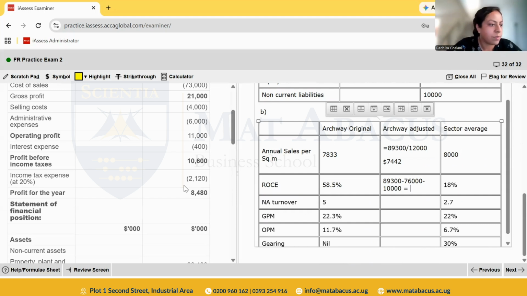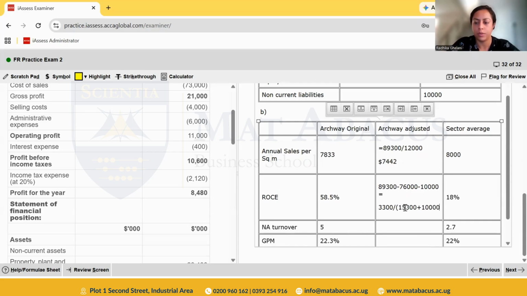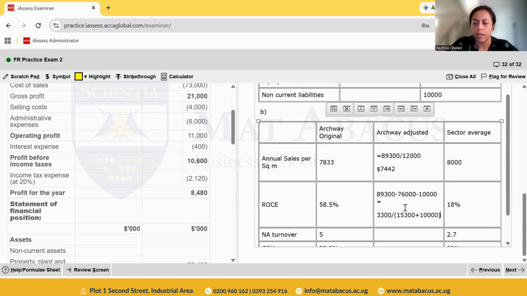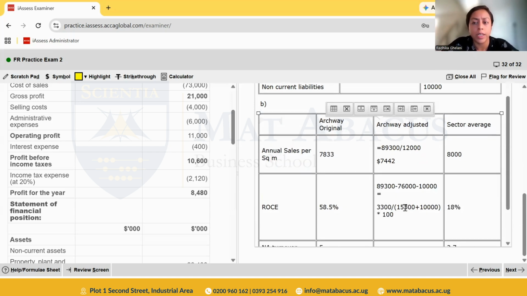That gives us 3,300, divided by 15,300, which is our equity, plus 10 million, which is the non-current liabilities, times 100. Please don't directly get the answer in your calculator and just put it.